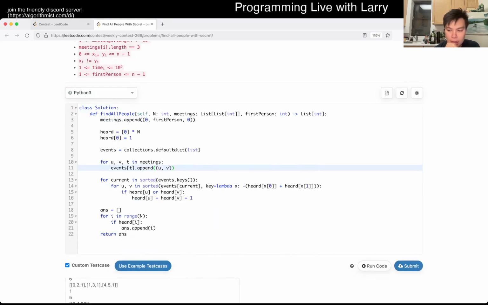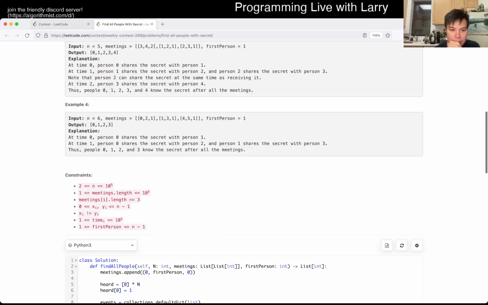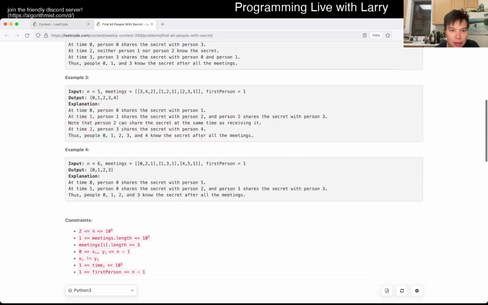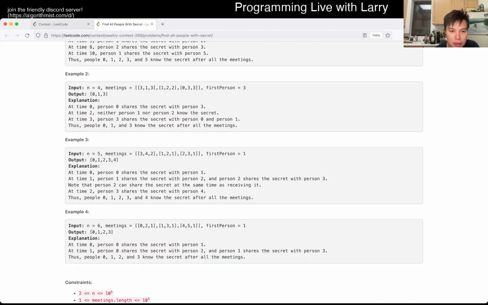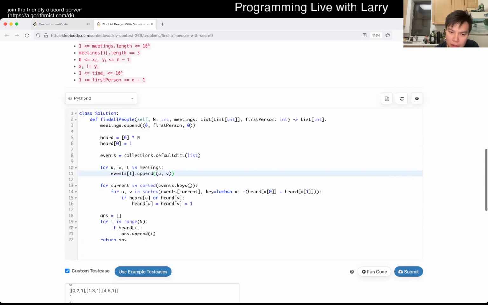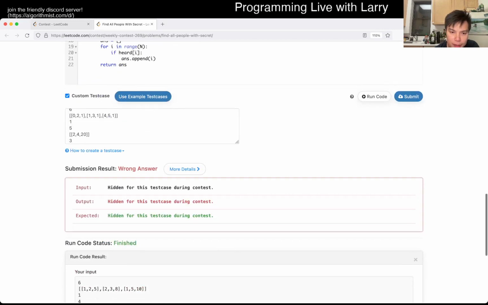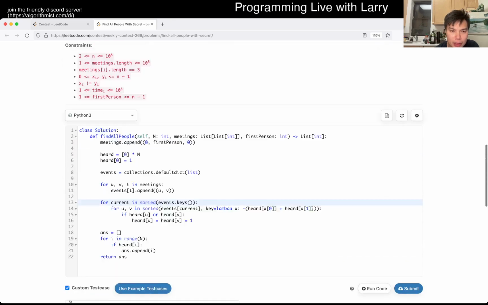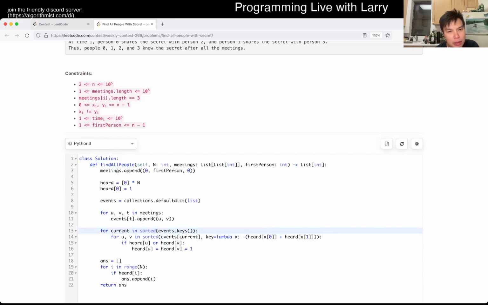Huh. There's really nothing that tricky about this. What? I mean, it's probably a big case anyway, but still.